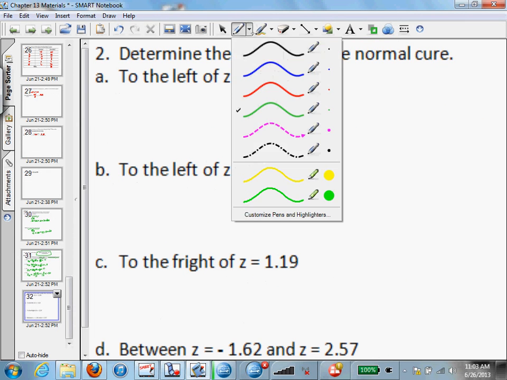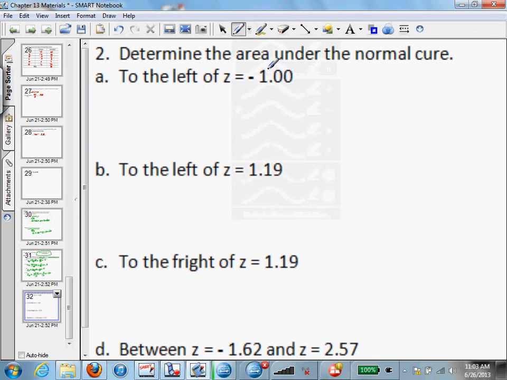Okay, so for this next part, determine the area under the normal curve. With the normal curve, there's this shape, and we are looking for different parts of the z-scores and what the area is going to be. It's going to be shaded in, or what we're looking for. If you need to refer to your book, you can use pages 822 through 823 in your textbook.